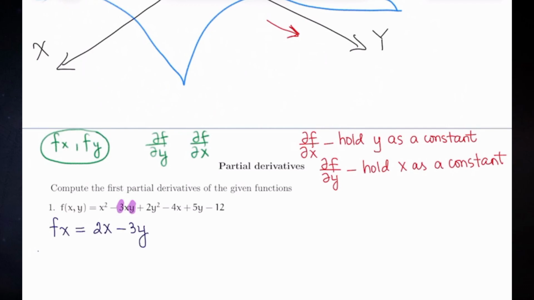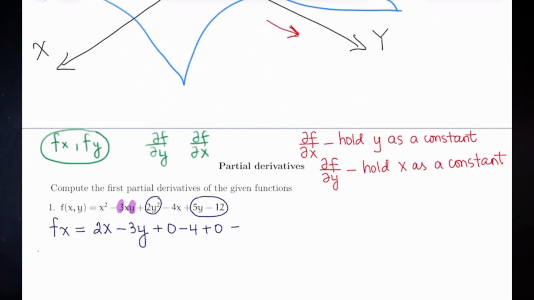Next term is 2y squared. Remember, this is a constant, right? So the derivative of this with respect to x is 0. Negative 4x, the derivative is negative 4. Here you can think about this whole term as a constant. So plus another 0.